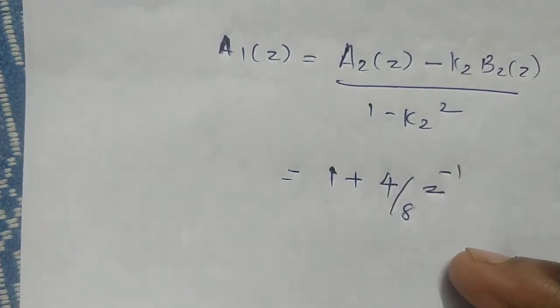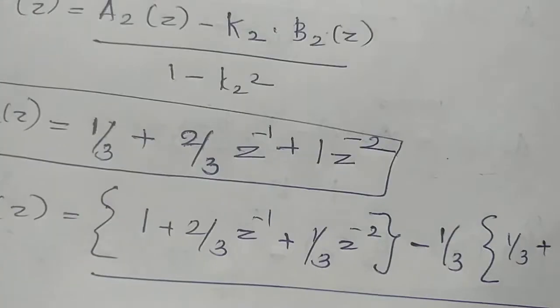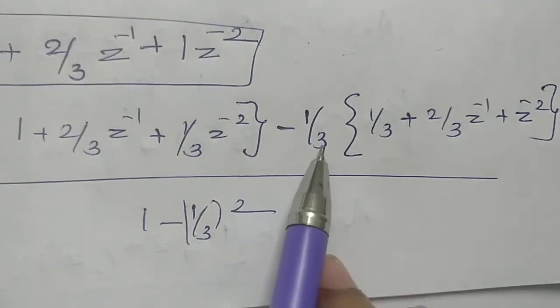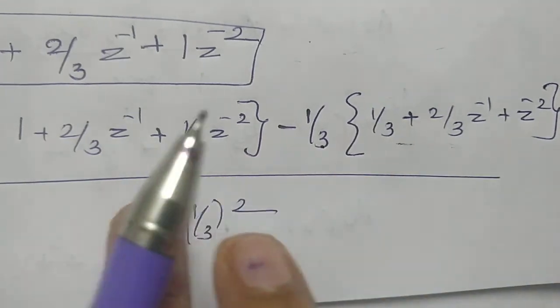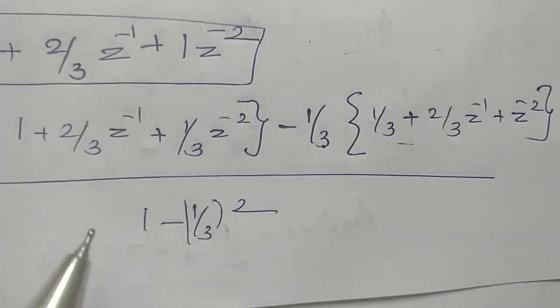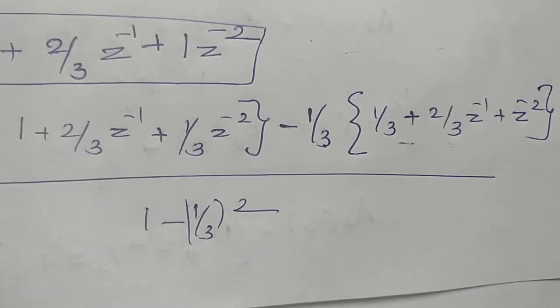I am not writing the entire step, you just substitute. The equation is given. Multiply 1 by 3 with the whole term, then consider the LCM, cancel out the terms which we can cancel, and substitute the equation.